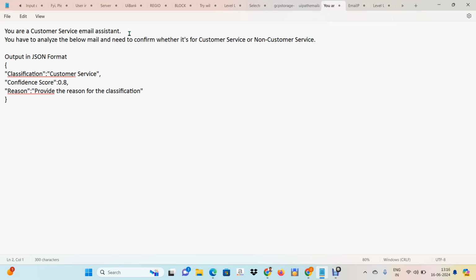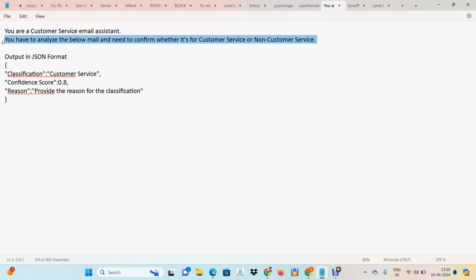What I'm doing here is instructing the AI model that you are a customer service email assistant. Basically, I'm telling it what it is. The next part tells the model what it has to do.